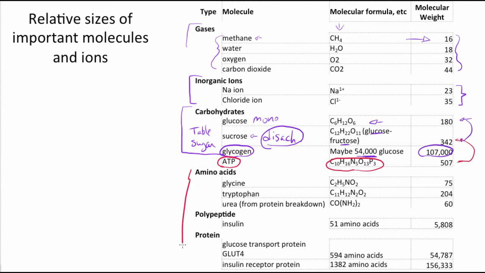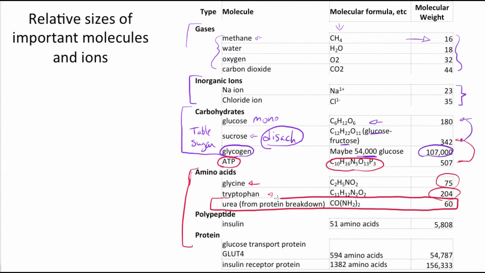For the rest of this, I'm really talking about protein structure. Here's the smallest amino acid, glycine, which has a molecular weight of 75. The largest one, tryptophan, has a molecular weight about 3 times that. And urea, I put urea in here because we have a lab where we talk about urea in AMP1.